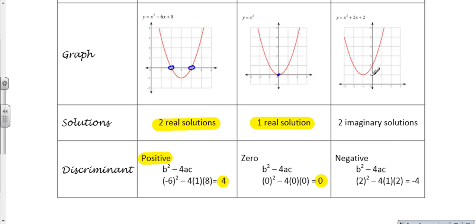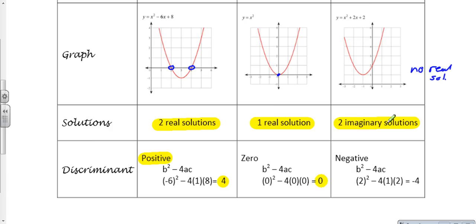But in the big scheme of things, if you get into detail, which is what we're doing right now, we do not have any real solutions, but we do have two imaginary solutions.